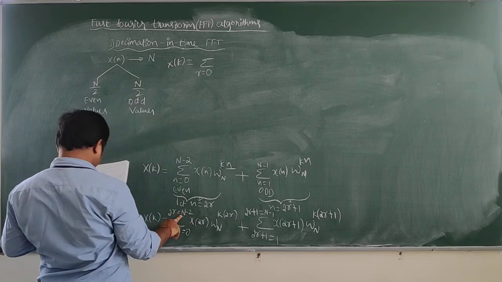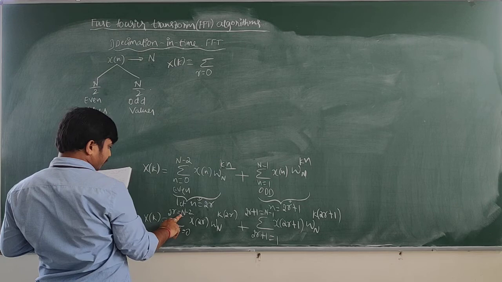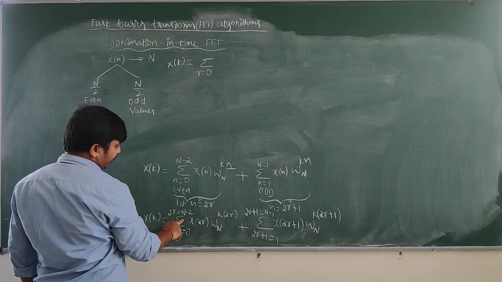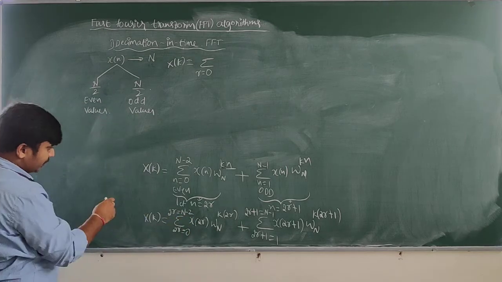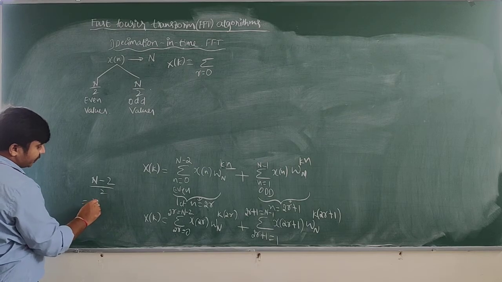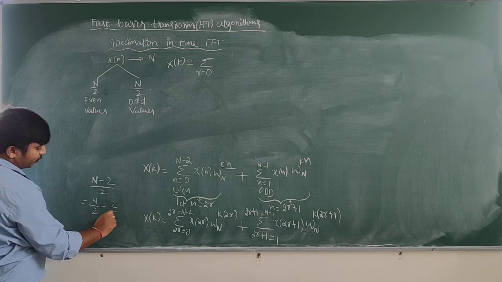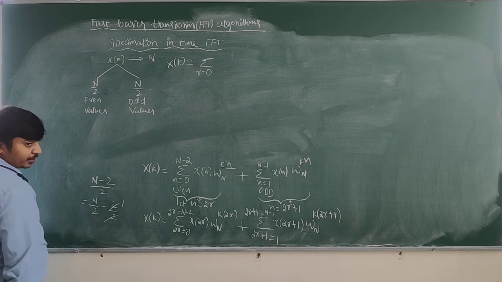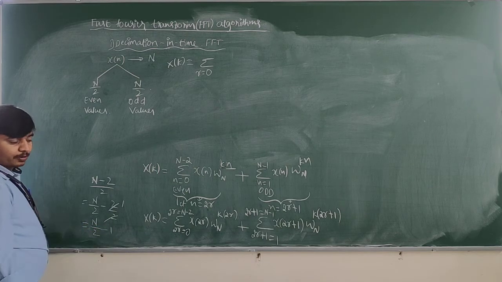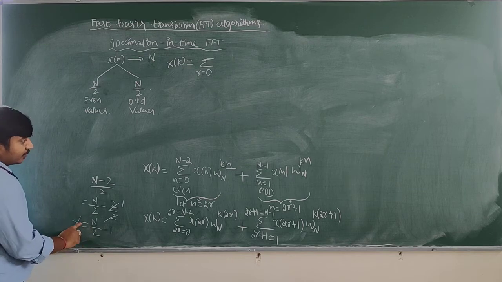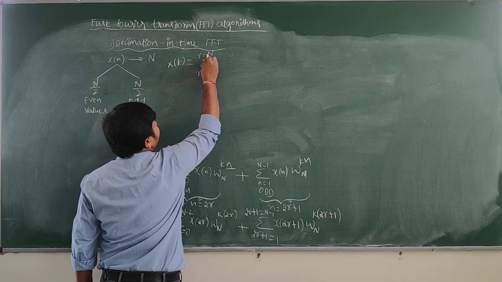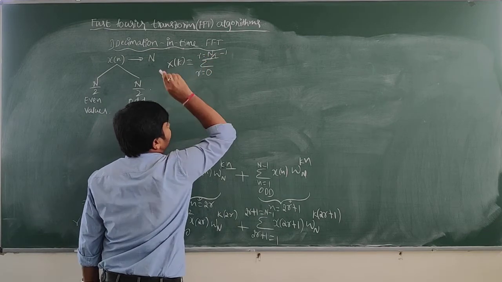So again simplify this equation. If you take only r this side, we get r is equal to n by 2 minus 1, because n minus 2 is there by 2. What happens? If we split n by 2 minus 2 by 2, the 2 cancels, we get 1 here. So what is remaining? n by 2 minus 1. Okay, so therefore r is equal to n by 2 minus 1.